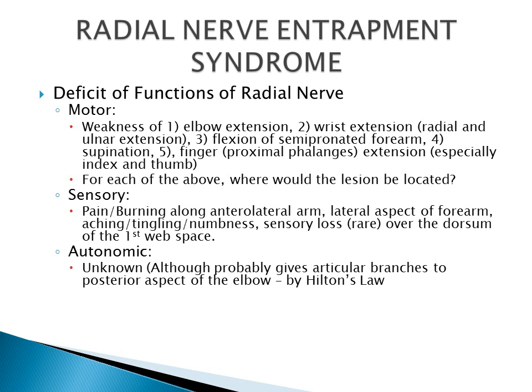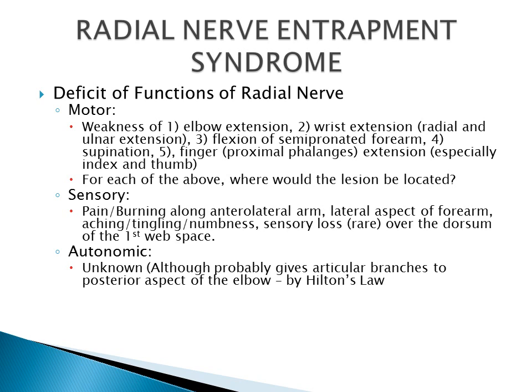We're going to have loss of finger extension of the proximal phalanges, especially of the index finger, and especially of the thumb due to weakness of the extensor indicis proprius, and then also the extensor pollicis longus and brevis.